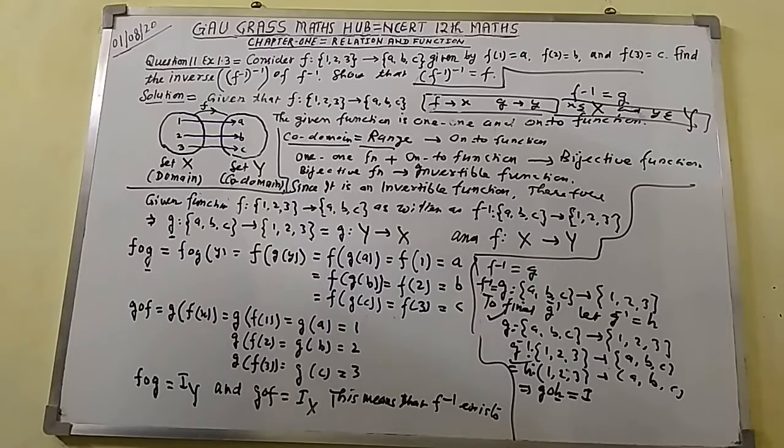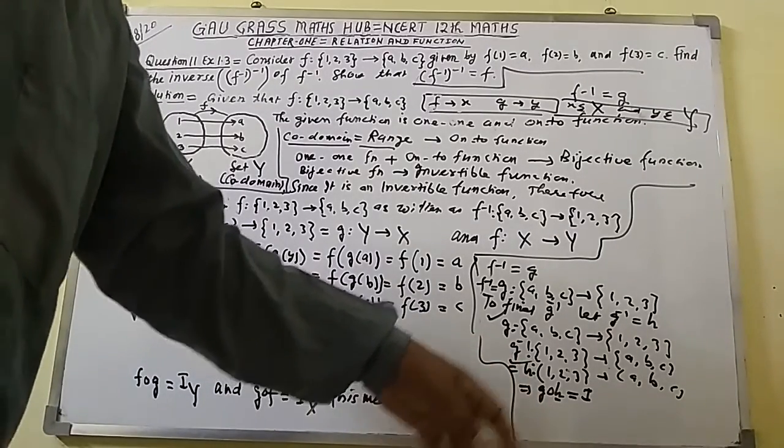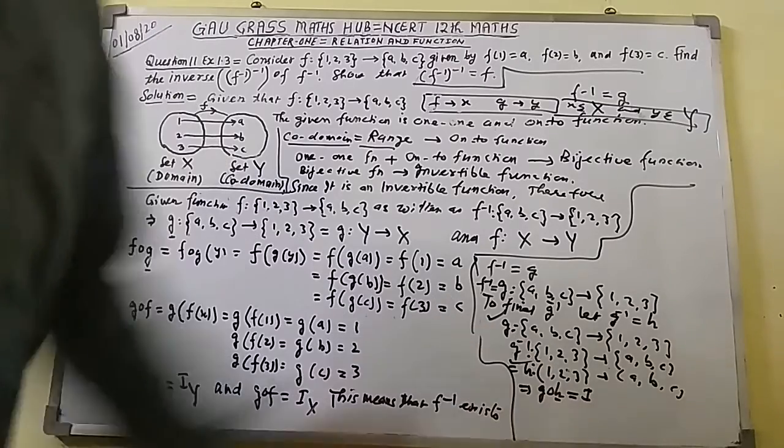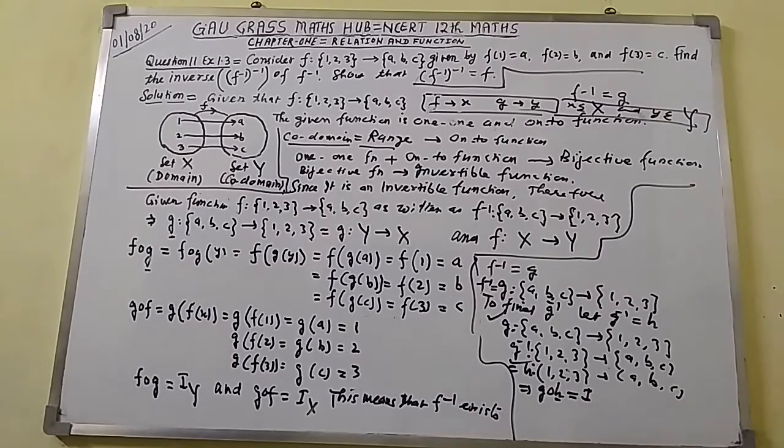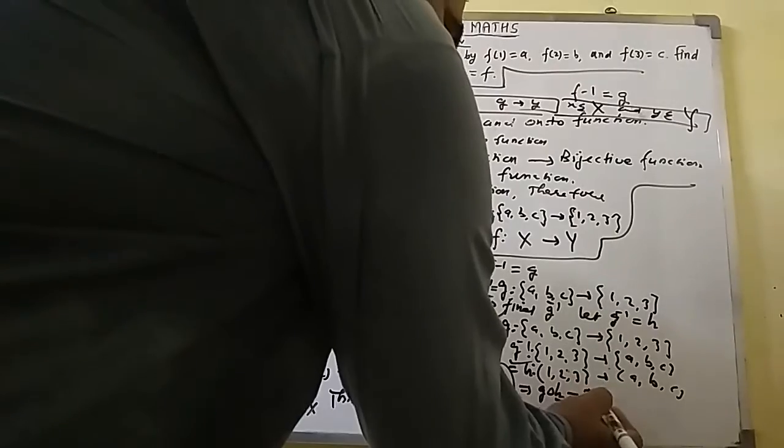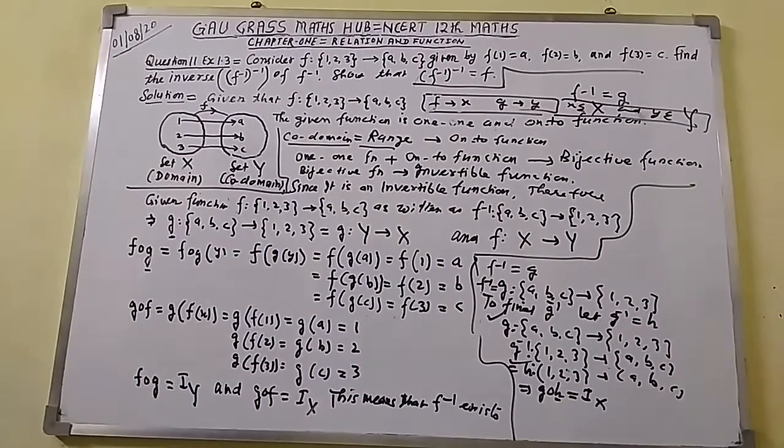H will be related to 1, 2, 3. So GOH is the identity function on Y, that is the codomain.